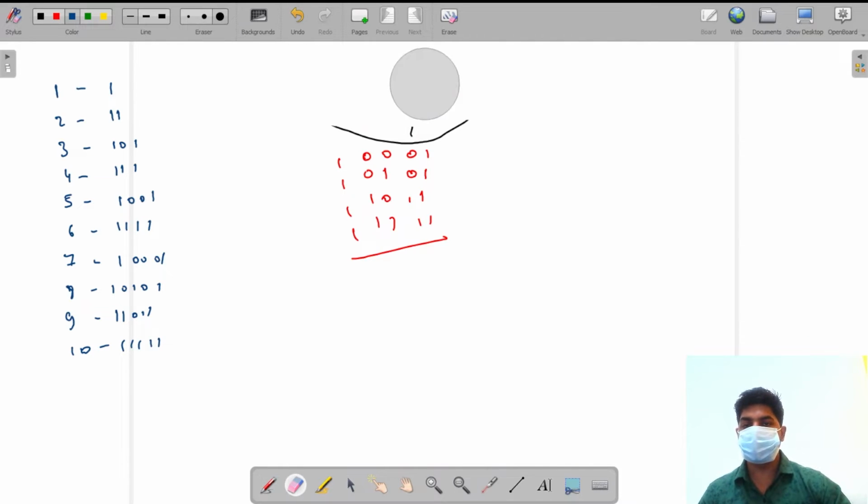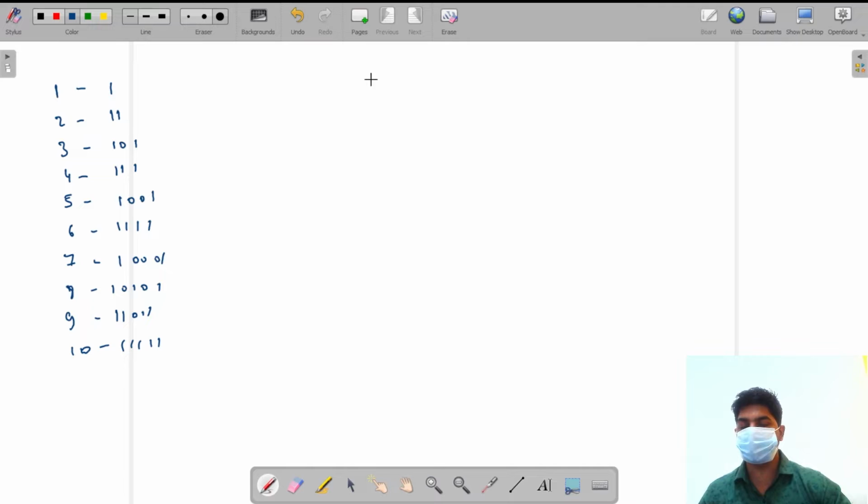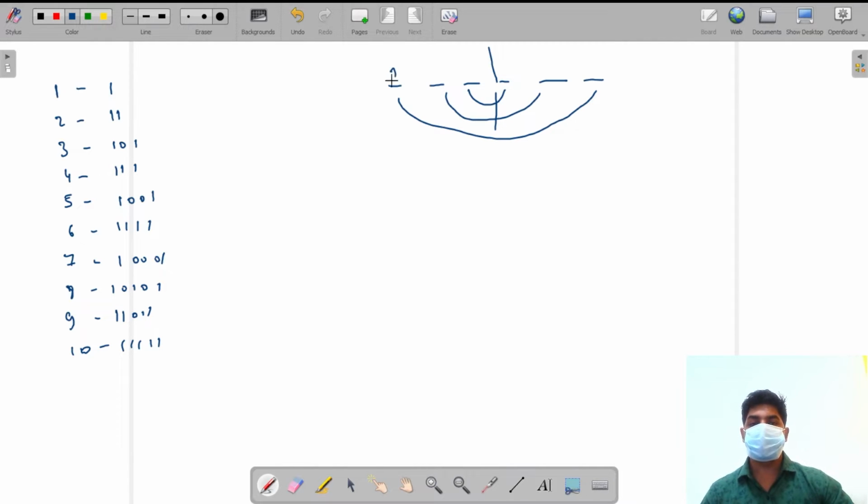Now we move on to 6 digits. Similarly, let's find them for 6 digits, positions 1 to 6. Positions 1 and 6, 2 and 5, and 3 and 4 will be the same. The first digit is 1.